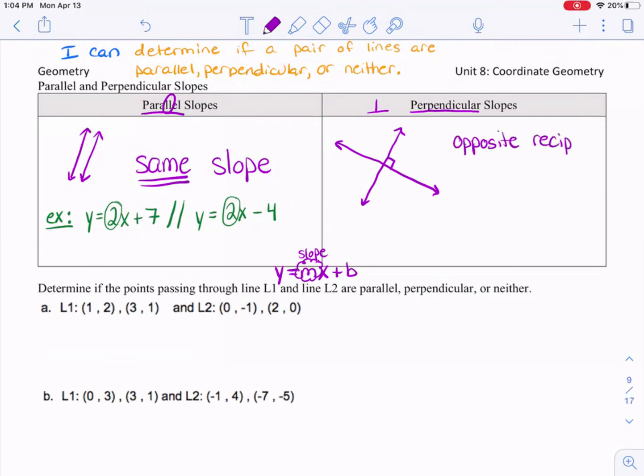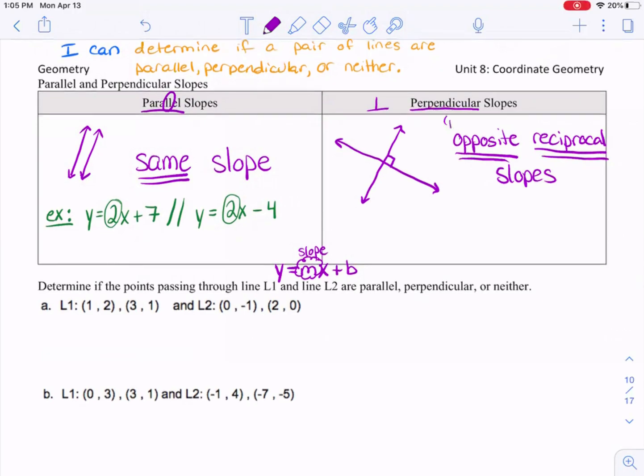Let's think about those two words, opposite, reciprocal. Opposite meaning opposite signs. One would be positive, one would be negative. Remember flip. That means you're going to flip the slope.